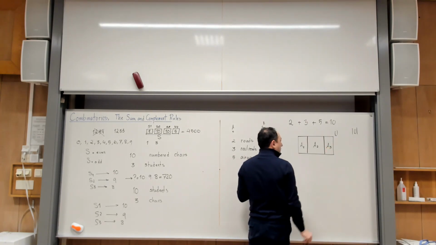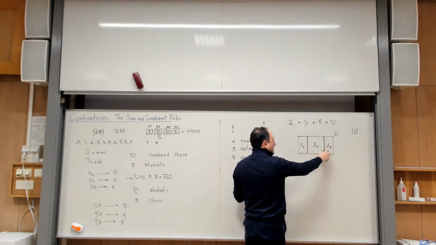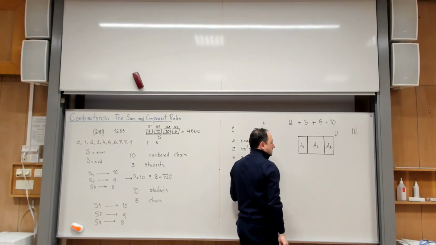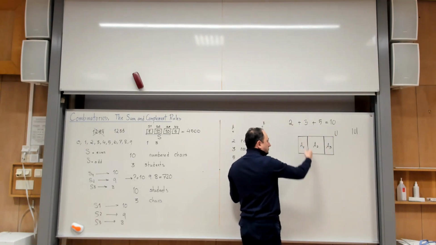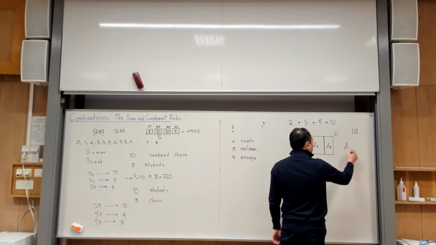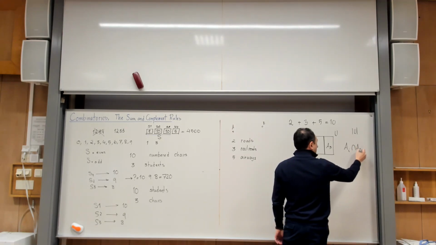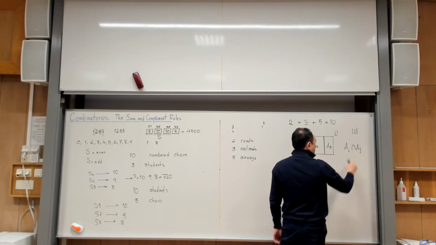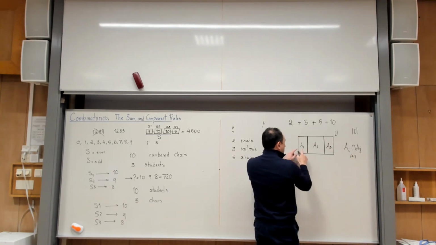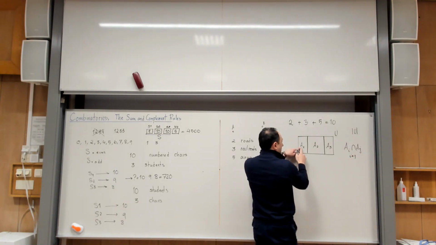So in set theory language, A1, A2, and A3 are subsets of the universal set. And I have drawn them like this. There is no overlap. It means that A sub i intersection with A sub j, for whatever i and j I choose, of course i should not equal j, is empty. So if I ask you what is the intersection between A1 and A2, nothing.